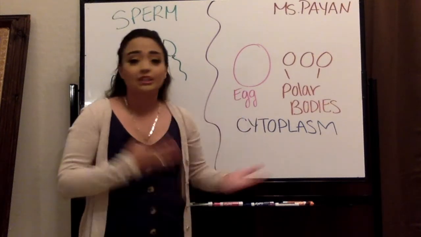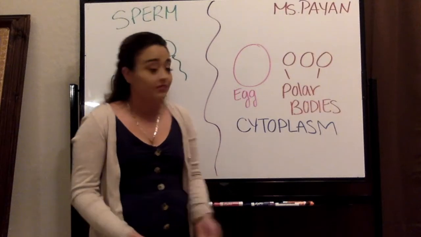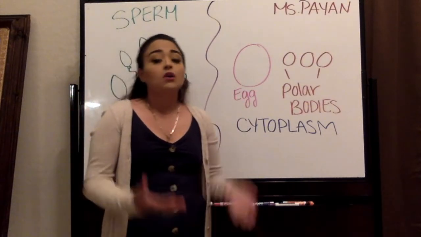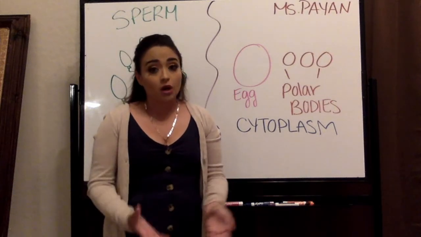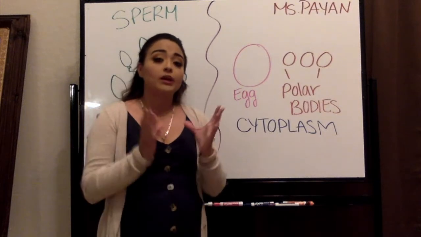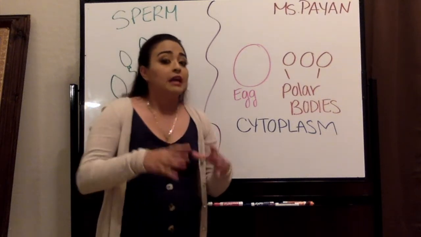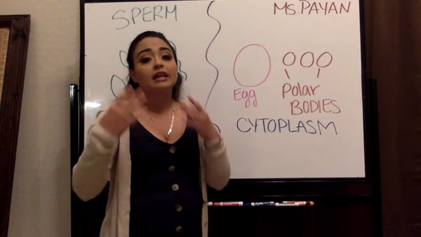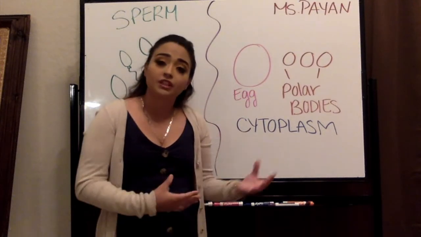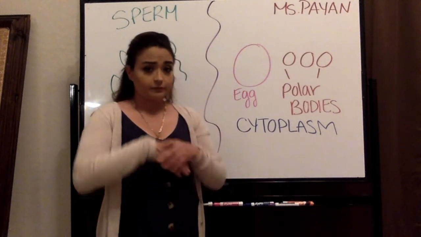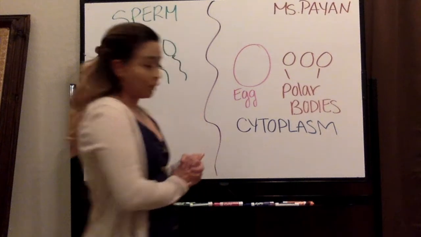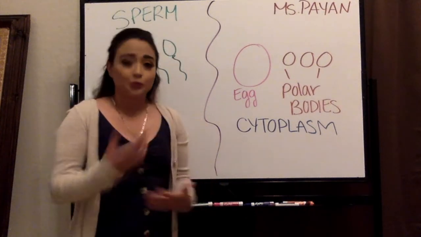They have certain characteristics that all cells have. Cytoplasm is one of those things. Now, the cytoplasm, if you can recall in your notes, is the area where the organelles are. Now, the organelles, again, are like the organs of the cell. They are like what helps it function and tells it what to do. Okay? Now, let's move on.